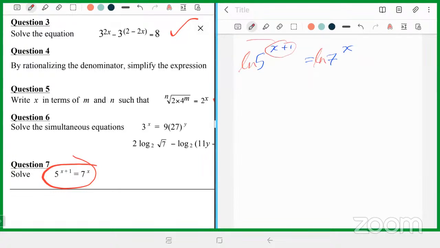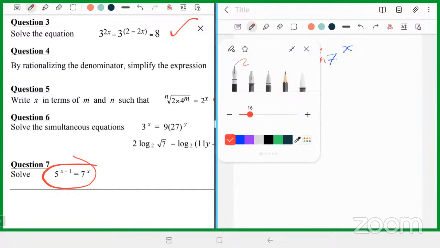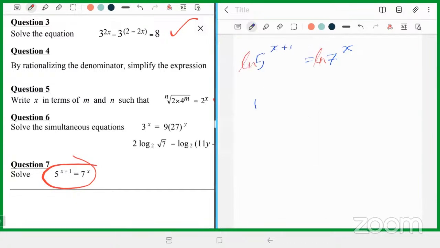This power comes to the front as a whole power, x plus 1 as one whole thing, times the log of 5. That's what we get when the power comes to the front, equals, and this x also comes to the front. So we get x log of 7.